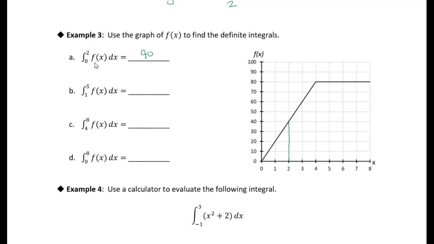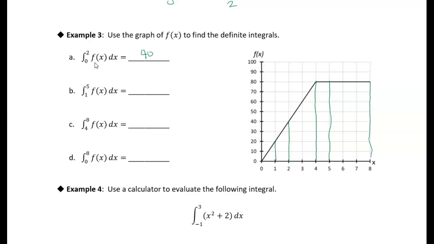Right, because it's 1/2 base times height. Now another thing I could do, I noticed the first one was from 0 to 2, but the next one is from 1 to 5. So from 1 to 5, right? And the next one is from 4 to 8, and then 8 to 0.